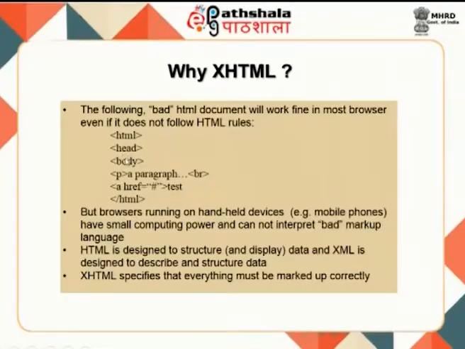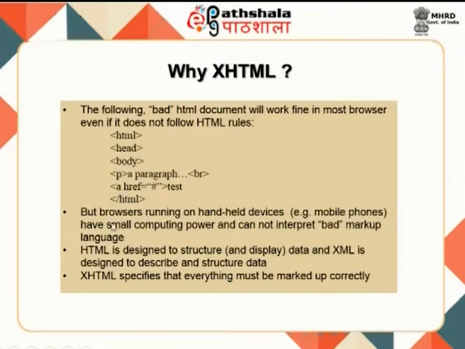This is a bad HTML document, but it works fine in most browsers, even though it is not obeying any HTML rules. Here you can see that we have tags like html, head and body, but the head tag and body tag are not closed, whereas the html tag is closed. So, this is a bad HTML document, but it displays well in most of the browsers.